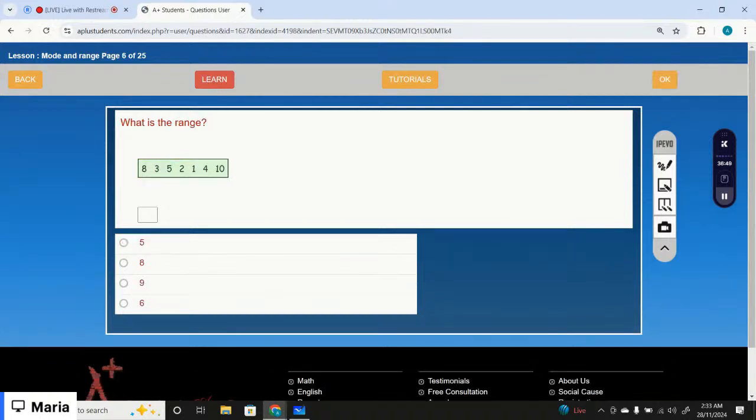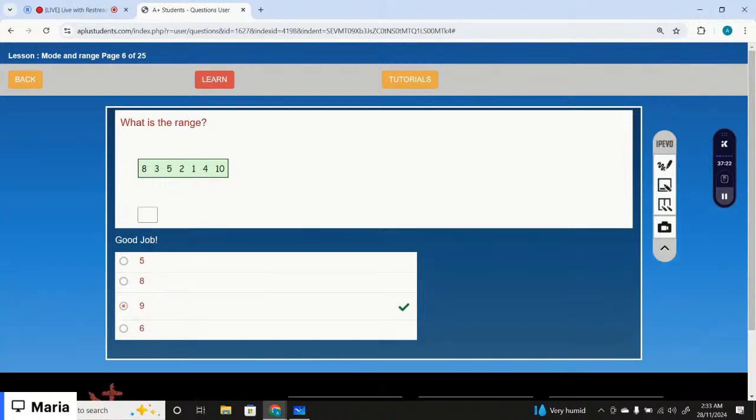What is the range? Which is the correct option? The correct option is 9.